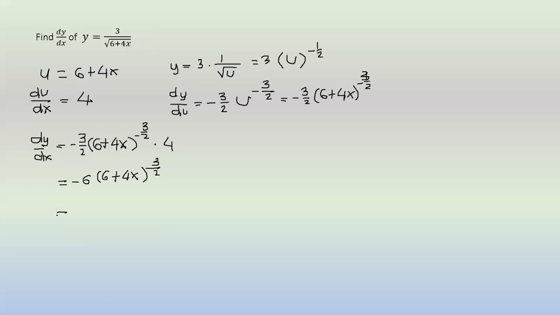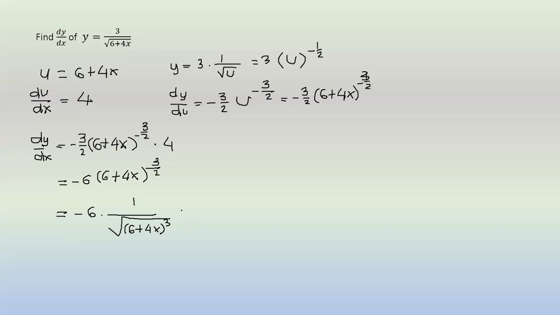We may simplify it as negative 6 times 1 over the square root of (6 plus 4x) cubed.